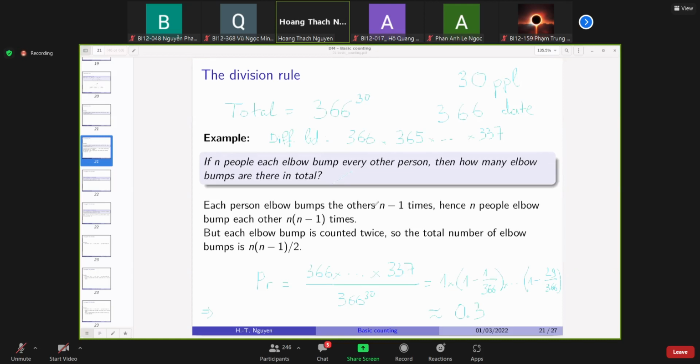Okay, so these rules are simple, but they are powerful if you know how to use them. Okay, but of course, based on these rules, we will develop other tools to solve counting problems or combinatoric problems in general.